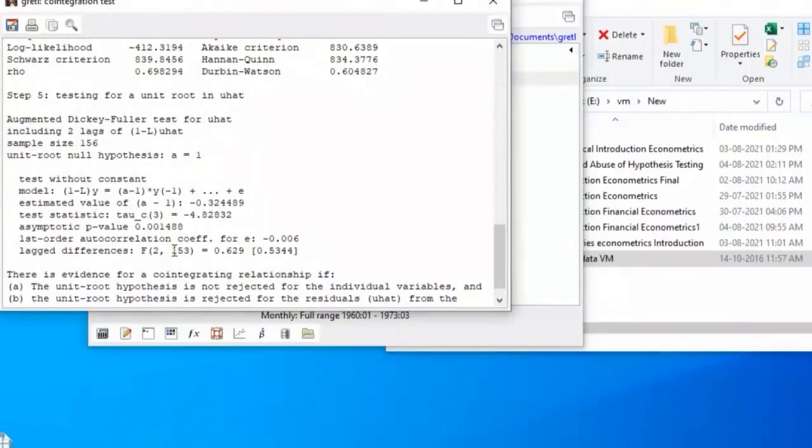See, Gretl is giving the co-integration test in that framework only. Earlier there was no distinction between univariate analysis and multivariate analysis, multivariate econometrics. In Gretl, all the models were given under one title, that is time series.